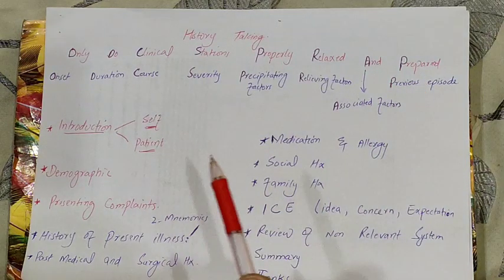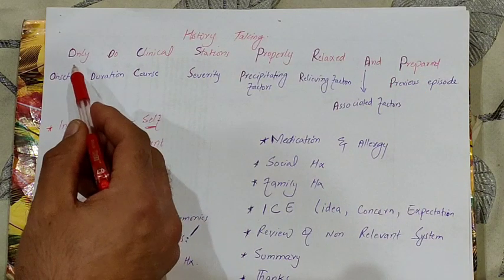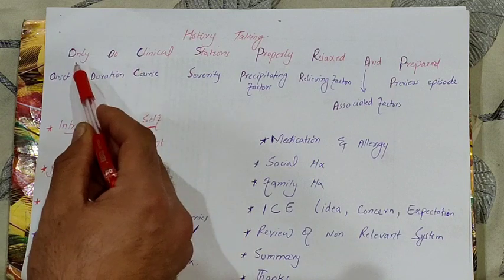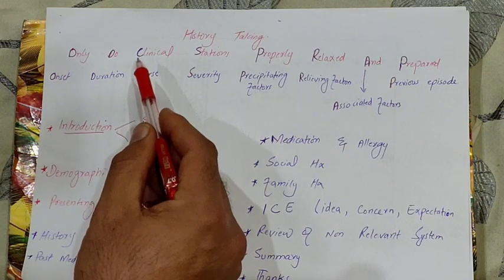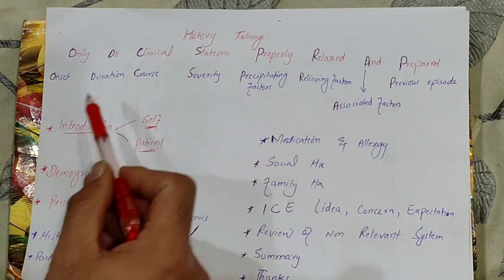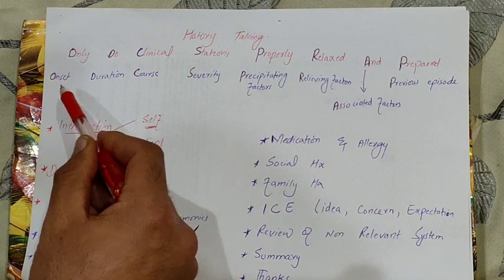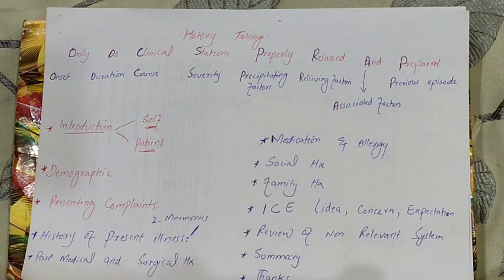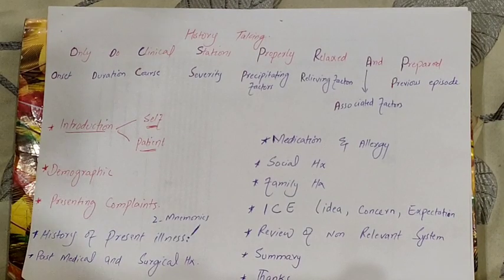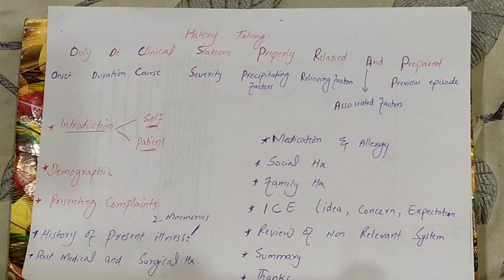Now what does it mean? I have marked in bold every first letter of the words. Only stands for onset. You know what onset means: onset of the symptoms. For example, if a patient presents to you complaining, doctor, I'm having a lump in my neck, how will you take the history?